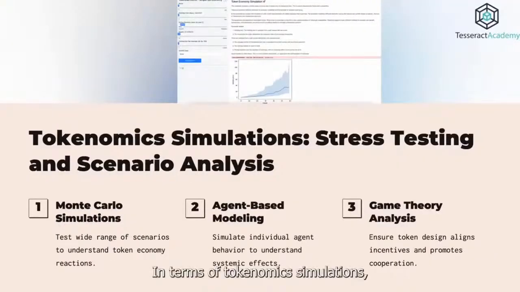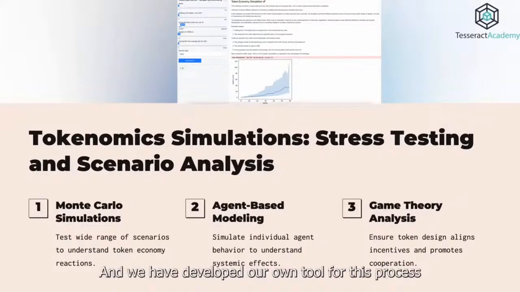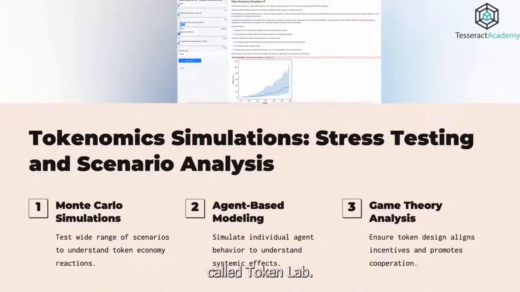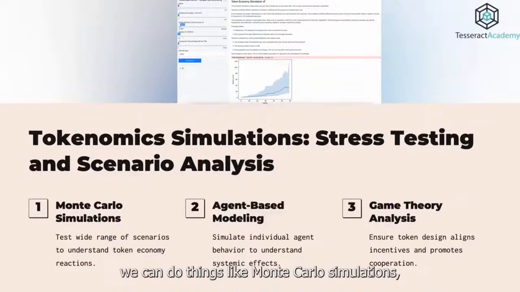In terms of tokenomics simulations, this is another part of tokenomics design and auditing, which can greatly facilitate perfecting a token economy, as well as ensuring that the token economy is robust and efficient. We have developed our own tool for this process called Tokenlab. Through the use of this tool, we can do things like Monte Carlo simulations, agent-based modeling, and game theoretic analysis.